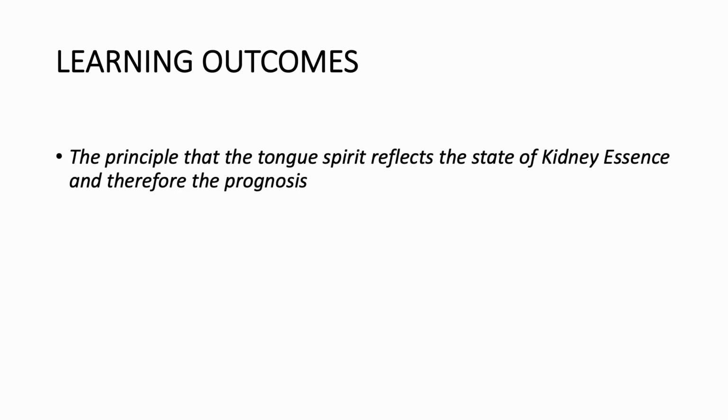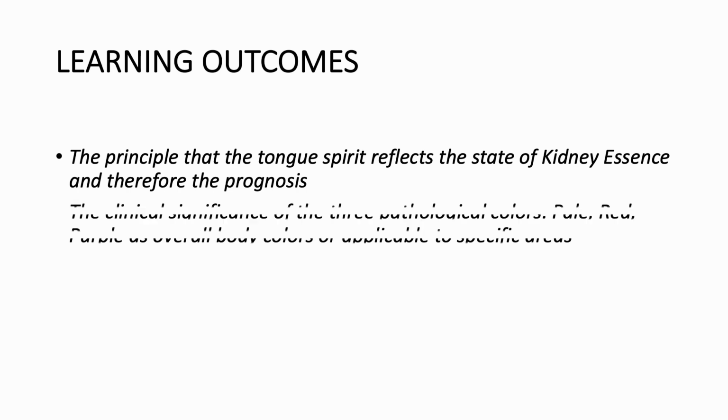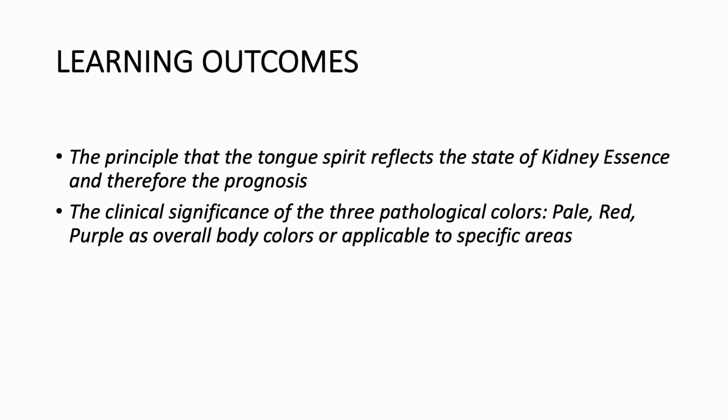We have reached the end of the topic, so we are expected to have understood the principle that the tongue spirit reflects the state of kidney essence and therefore the prognosis. The clinical significance of the three pathological colors, pale, red, purple, as overall body colors are applicable to specific areas.